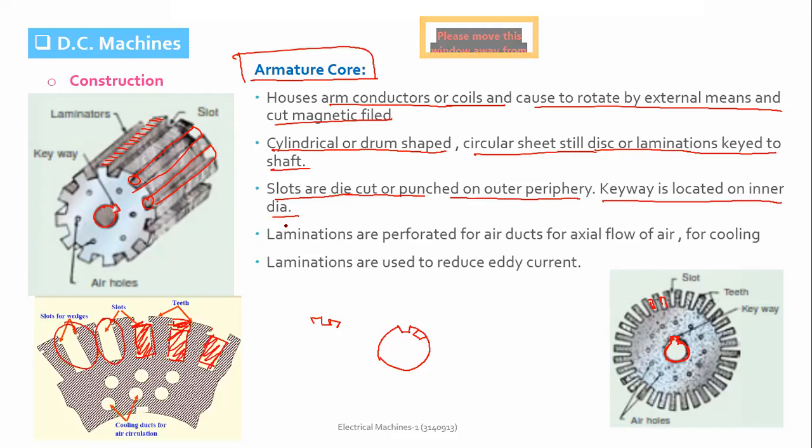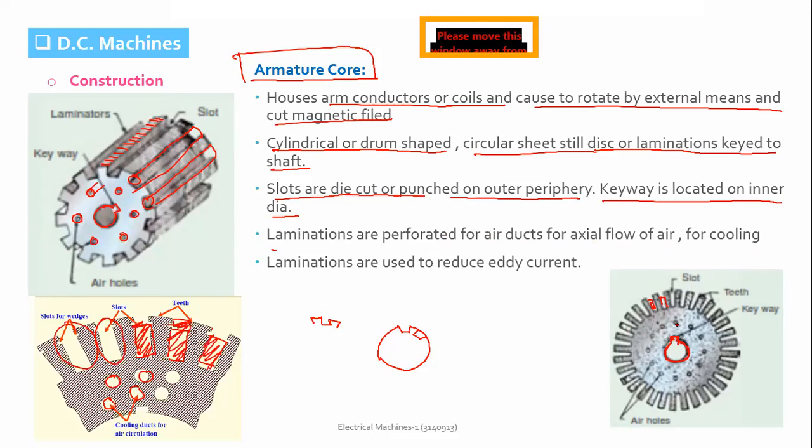Laminations are generally perforated for air ducts for axial flow of air, for cooling. Here you can see ducts provided, holes in fact, continuously throughout the body.